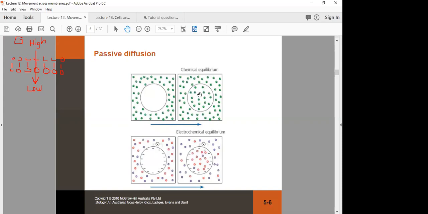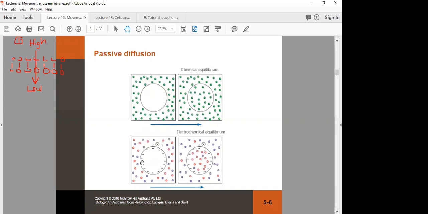But of course, cells avoid these equilibrium states at all times. They're always pushing every process out of equilibrium, because you know that's when work occurs, when reactions are not at equilibrium.